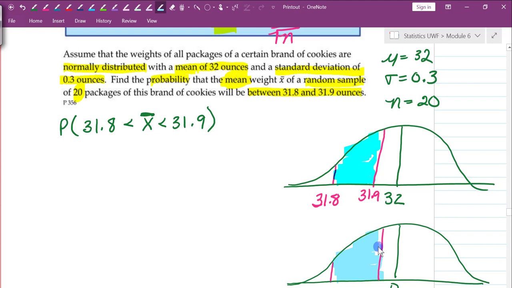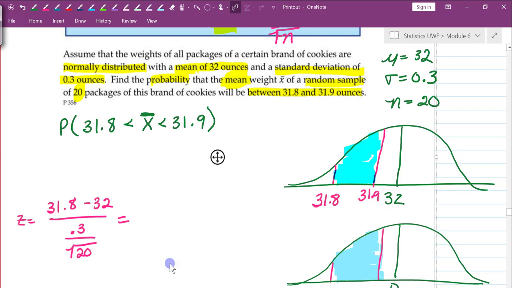So I know that z is going to be equal to x bar, which is 31.8, this value right here, minus my mean, which is 32. And we're going to divide this through by our sigma, 0.3, divided by the square root of 20.